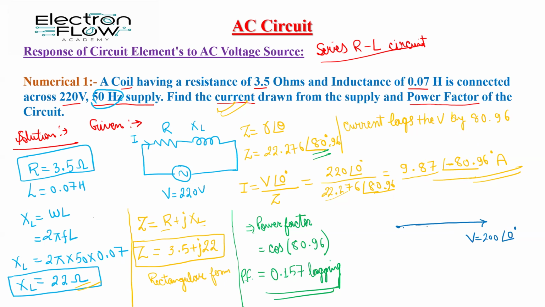This angle is 80.96 degree. So this is our value of the current, which is equal to 9.87 at an angle of minus 80.96. This is how we have calculated the current and the power factor.